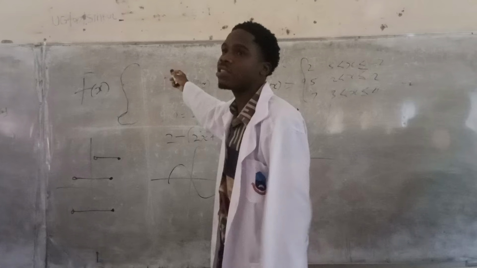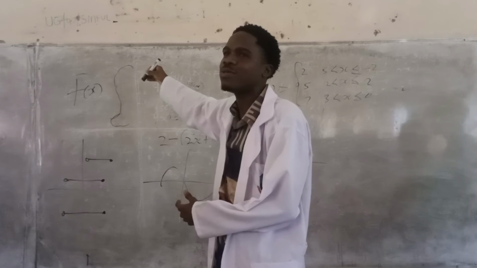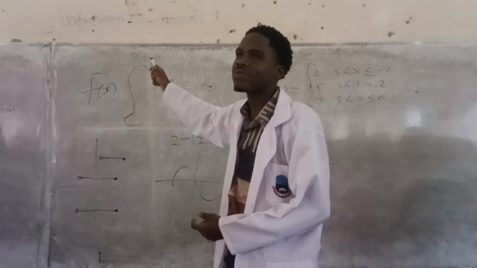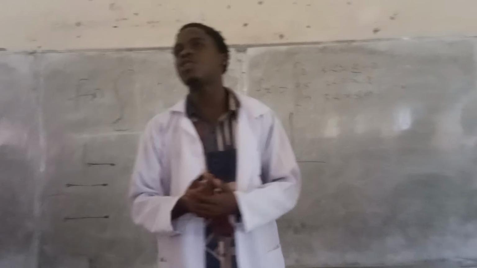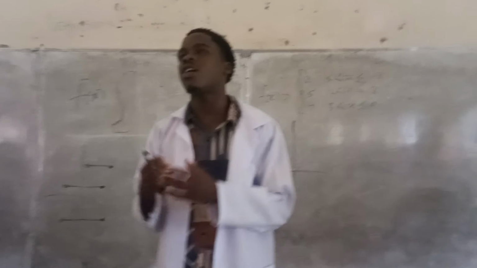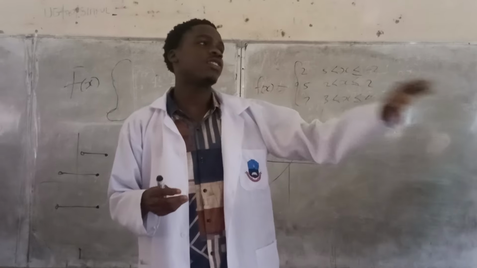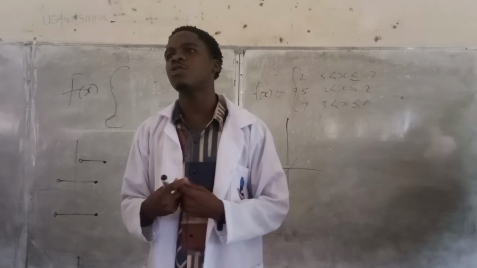I don't know if I'm allowed to draw on the board to explain better. They have said everything about piecewise function. I don't know what else I can say that will shed more light on it, but what they have said is what I'm also going to say.